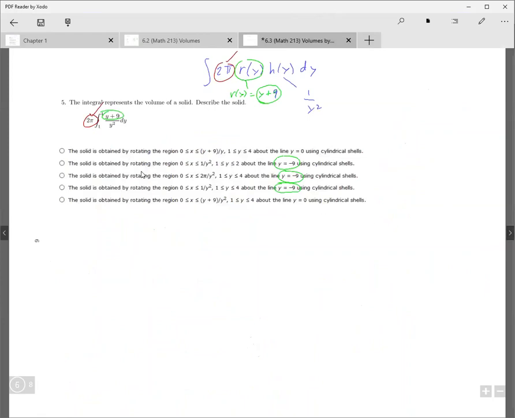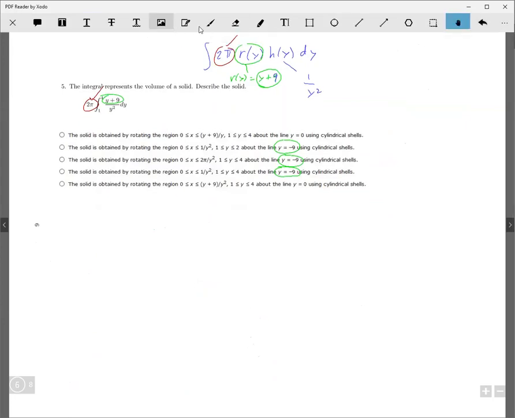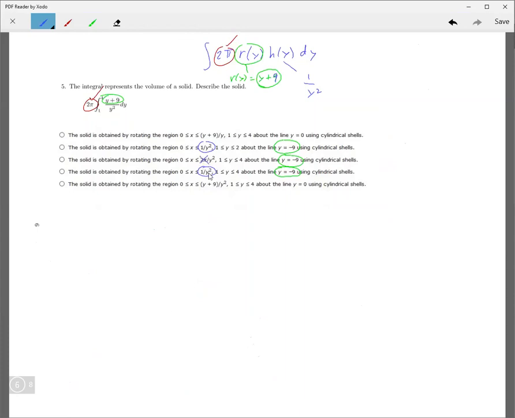And then, let's see, we want to get the 1 over y squared for the other one. So it looks like this could do it. And it looks like that could do it also. The 2 pi, no. You don't need 2 pi. 2 pi is built in. Okay, so one of these. It could also be something like this, but I suspect it's not.